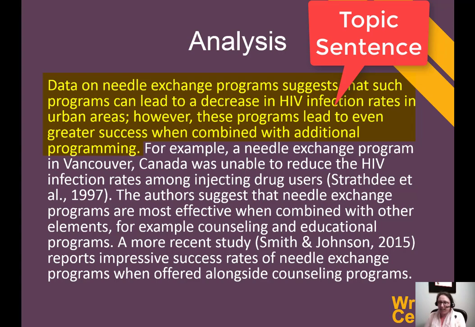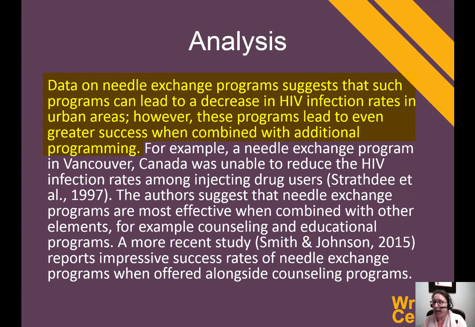But it's a topic introductory sentence, if you will, that introduces the topic of this paragraph and also connects it to the previous paragraph. So based on the sentence, I can safely assume that the previous paragraphs in this paper had to do with discussing different data on needle exchange programs and showing how these can lead to a decrease in HIV infection rates, right?